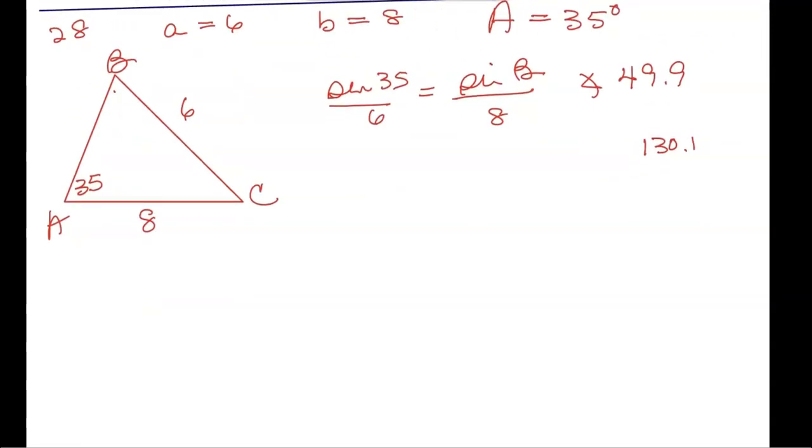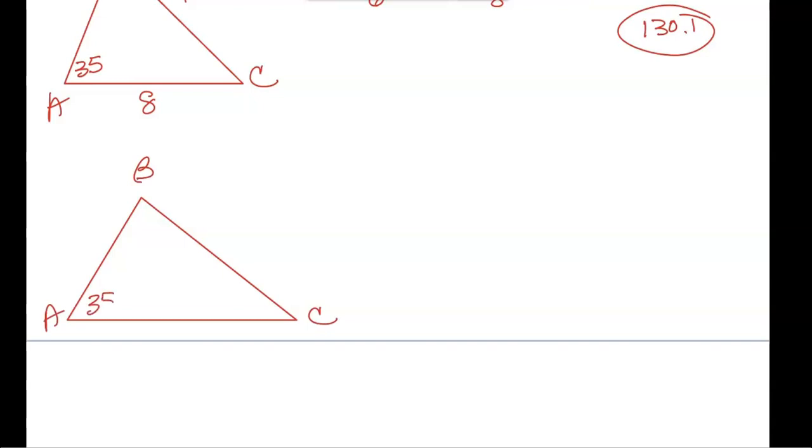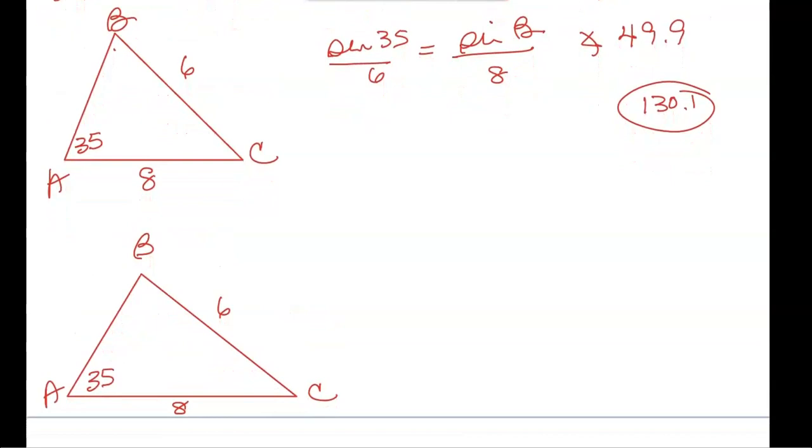Go ahead, take that 130, and we're going to put it in the second triangle. So down here, I'm going to draw my second triangle, which is going to have the same orientation, the same givens, but now my B angle for the first one was 49.9, and my B angle for the second one is 130.1.